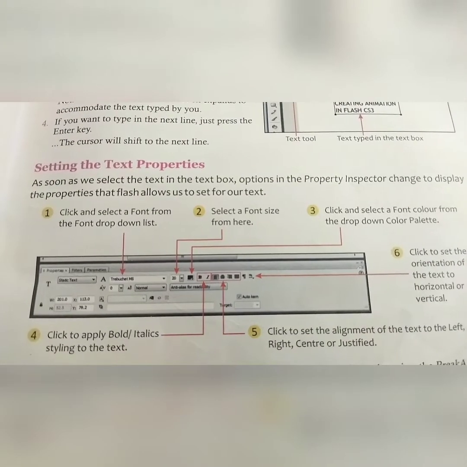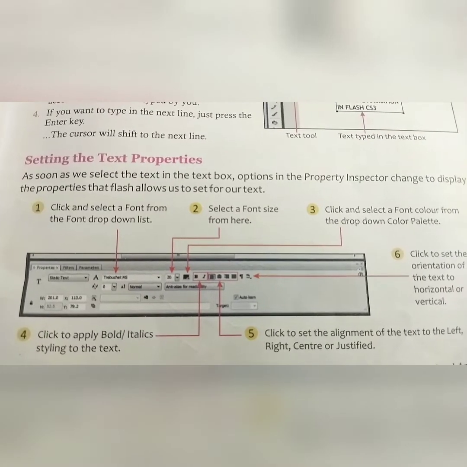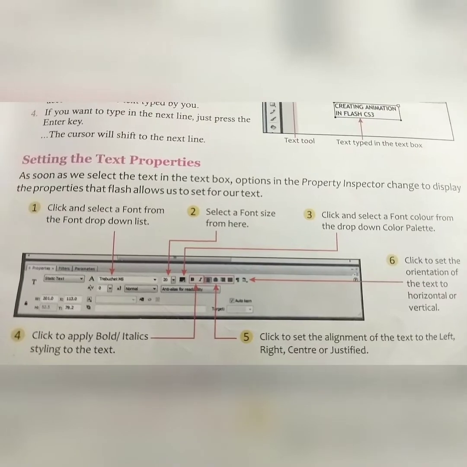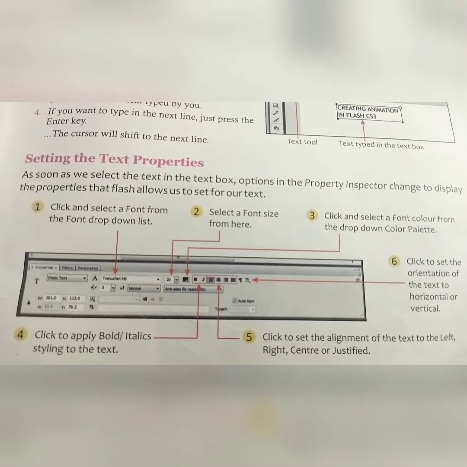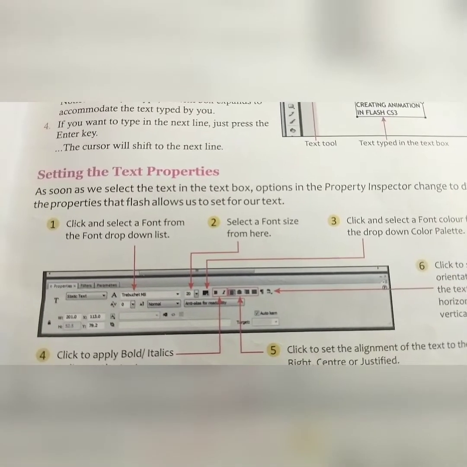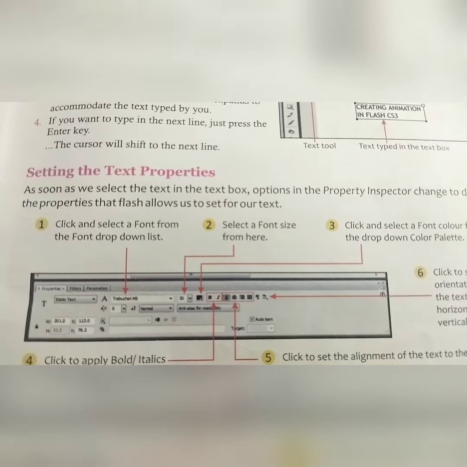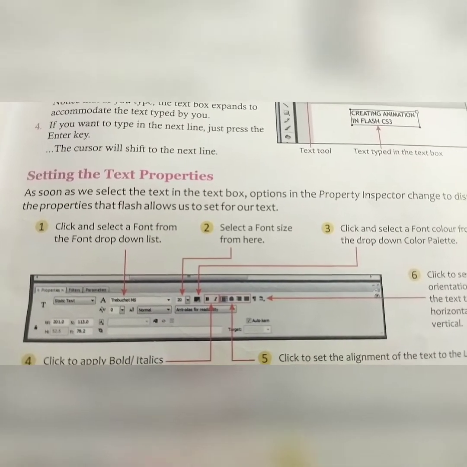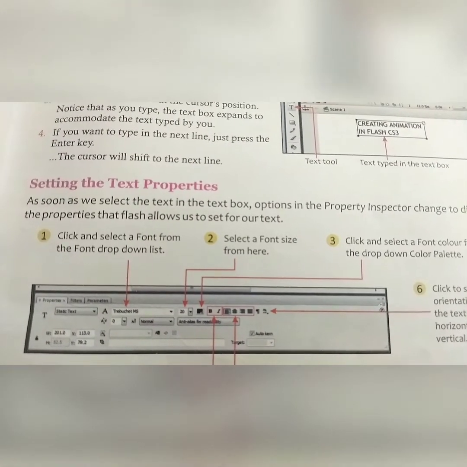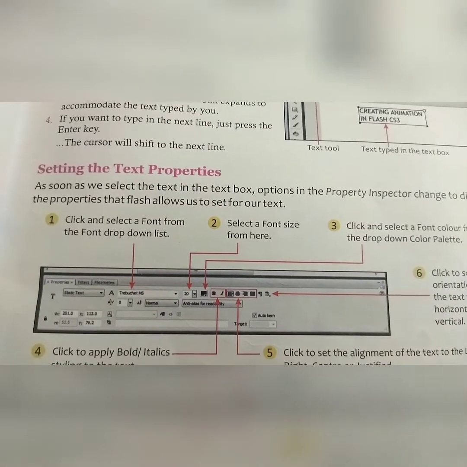Fourth, click to apply bold or italic styling to the text. Fifth, click to set the alignment of the text to left, right, center or justify. Sixth, the last point, click to set the orientation of the text to horizontal or vertical. Student tip: you can convert the text into an image by selecting it and then choosing the Break Apart option from the Modify menu. After converting text into an image you cannot edit it. So this is setting the text property in a Flash document.